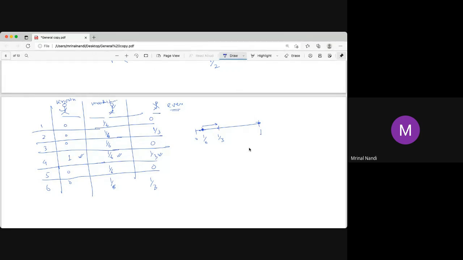So independence through conditional probability is conceptually better, but algebraically, probability of A intersection B equals probability of A into probability of B is better for calculation purposes. But conceptually, it has no meaning. What is the probability of A into probability of B?